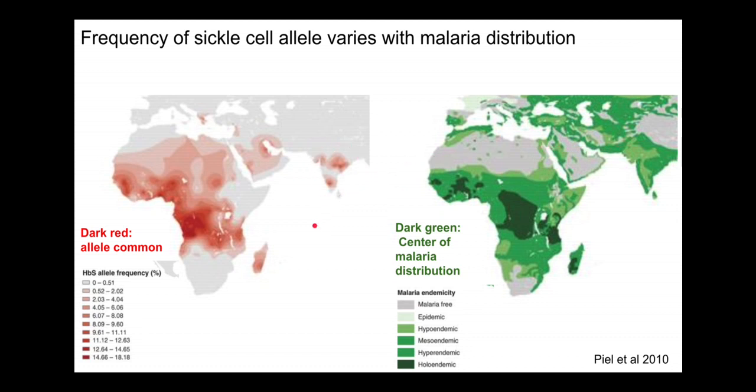So this is showing a decline in the frequency of alleles, and also geographic variation in the distribution of a species and how they match up. And this provides some of the evidence for the role of malaria in the maintenance of the alleles that result in sickle cell anemia.